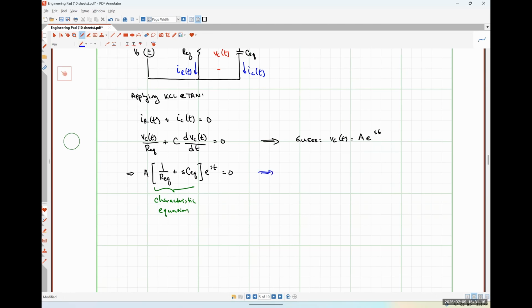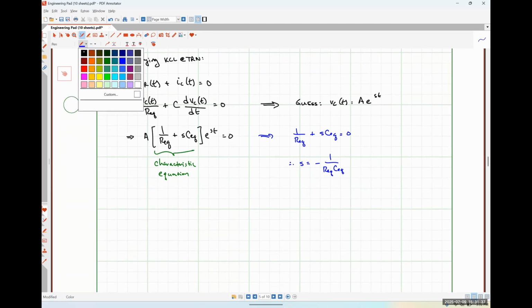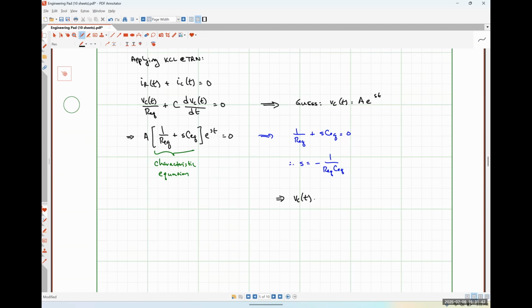We have 1 over REQ plus s times CEQ equal to 0, which means s has to be equal to negative 1 over REQ times CEQ. So what we'd find is that VC of t is equal to A e to the negative t divided by REQ times CEQ for 0 plus less than t less than infinity.